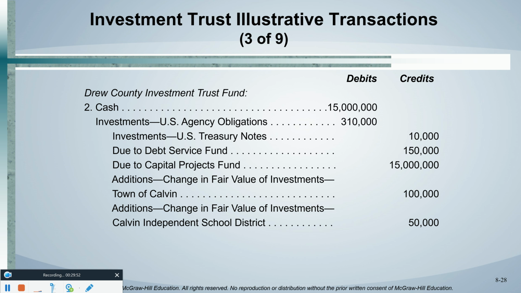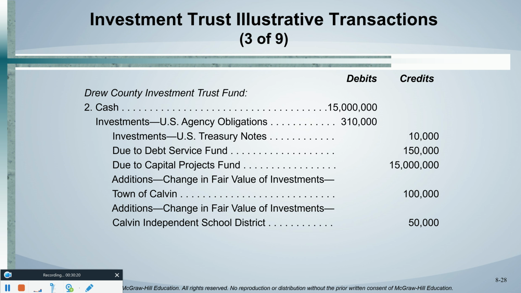And in this next journal entry, we see three things going on. The first thing is there is a fourth government that wants to join the party. And this is going to be the Drew County Capital Projects Fund. Maybe the finance director of the Drew County Debt Service Fund, which was a participant in the pool already, went out to lunch with the director of the Capital Projects Fund.